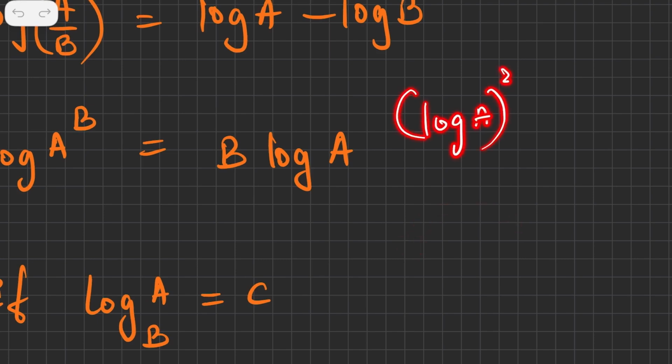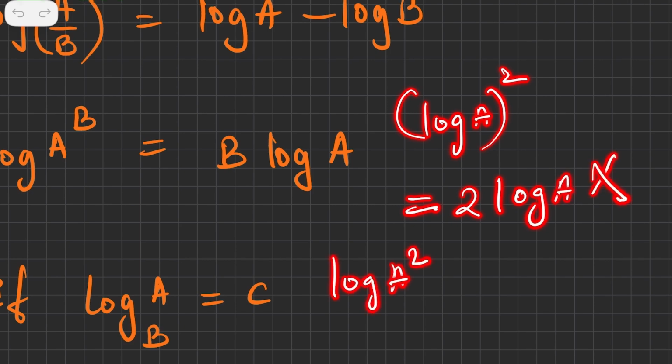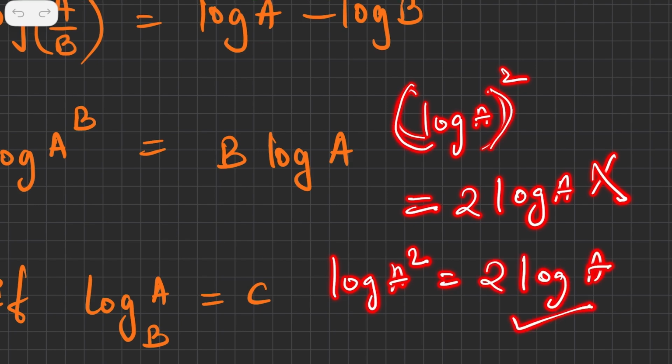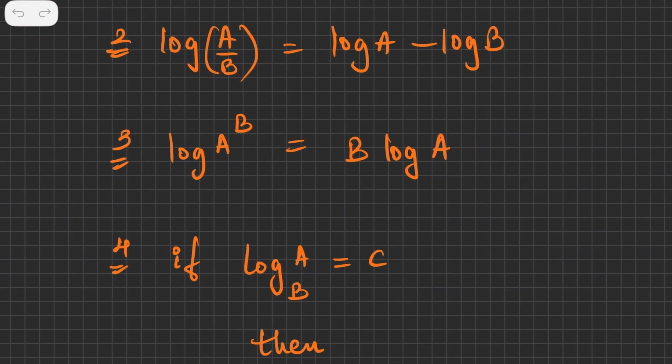So if the whole log is squared and you write it like this, 2 log a, you are going wrong. This is wrong. So log of a squared you can write as 2 log a. That is fine. This is correct. But if the whole log is squared, you won't be able to bring the 2 over here. Just keep that in mind.